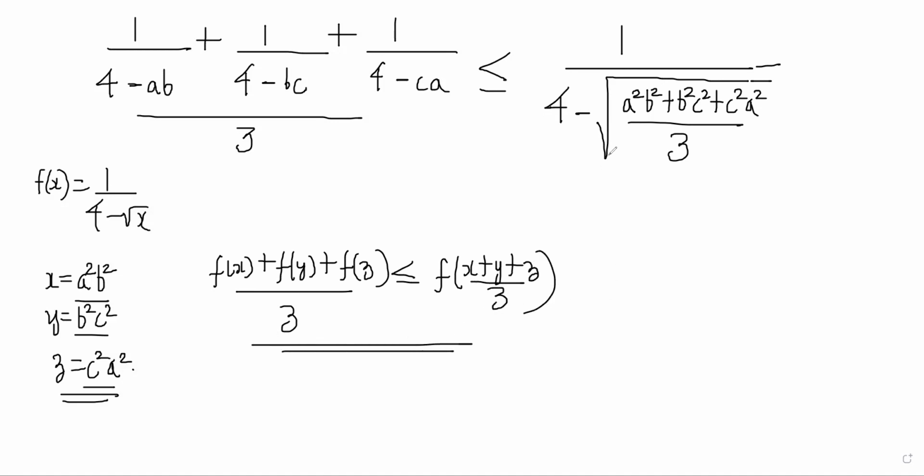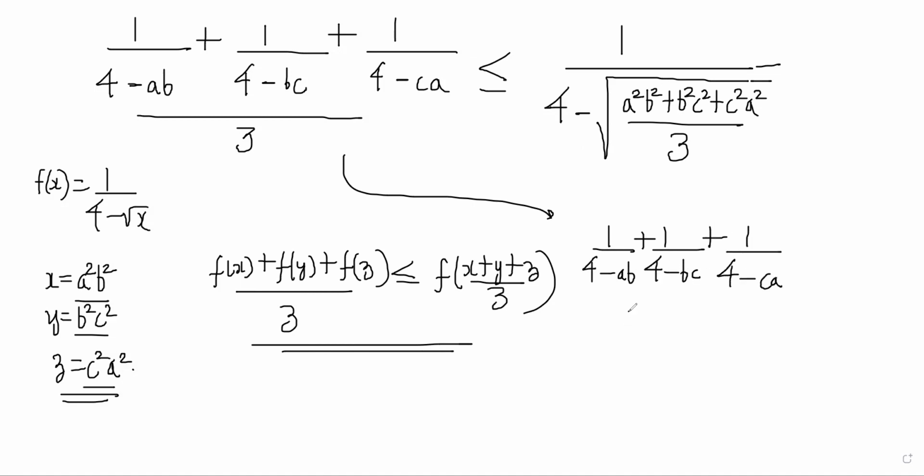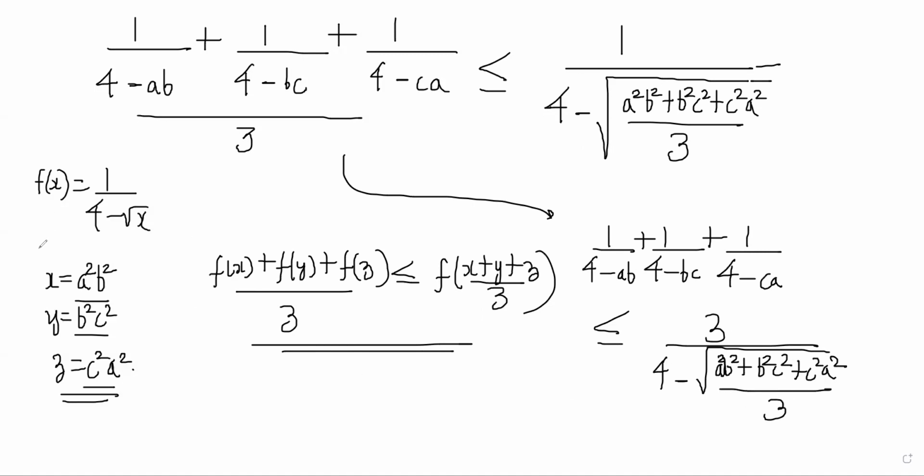Okay. So we rewrite this like this. We say 1 by (4 minus ab) plus 1 by (4 minus bc) plus 1 by (4 minus ca) is less than equal to 3 by (4 minus root over ((a square b square plus b square c square plus c square a square) by 3)). So let's do it on the next page.